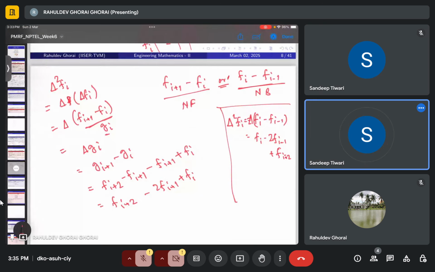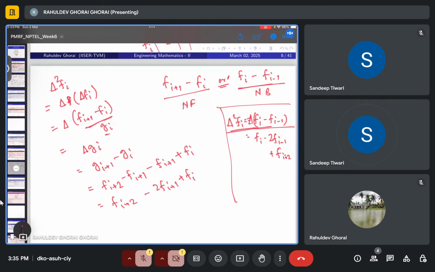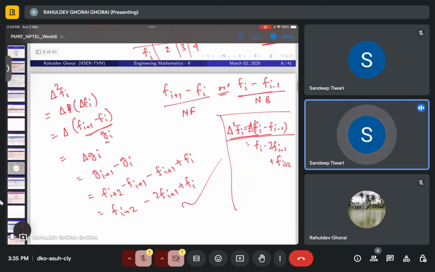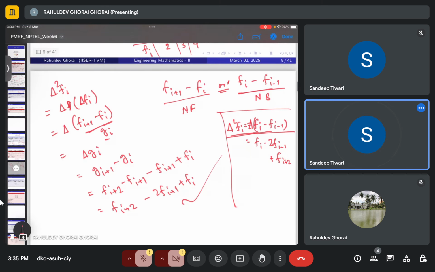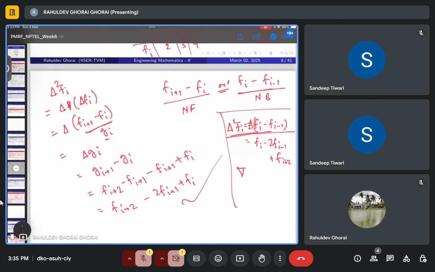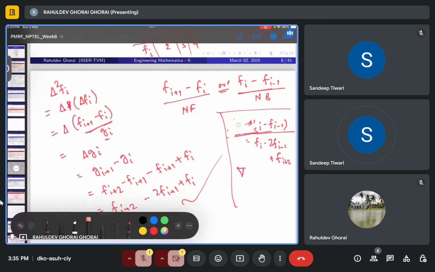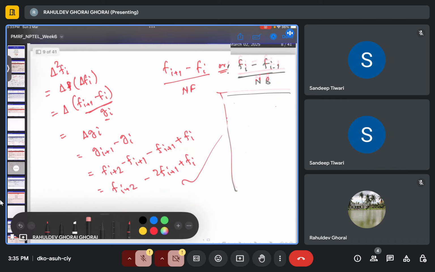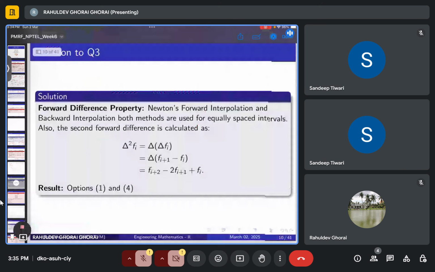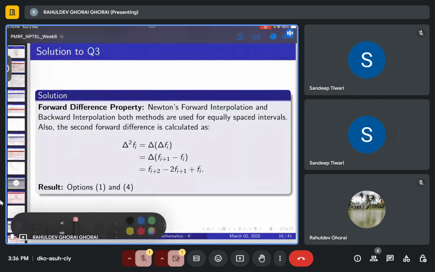If I use the backward operator, the symbol is different, sir. It will be like this symbol, right? Okay, that is nabla. I'm not used to that notation, so that's okay. Otherwise the formula will be this, so then this is correct.